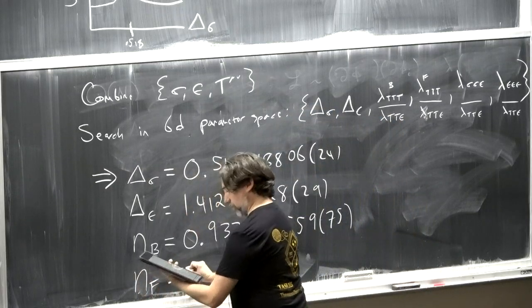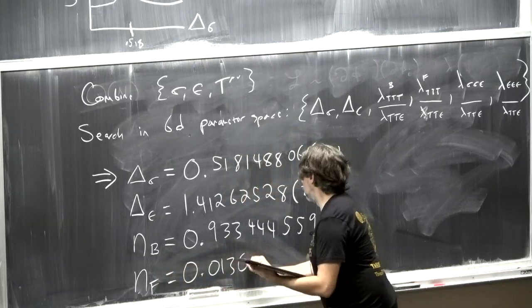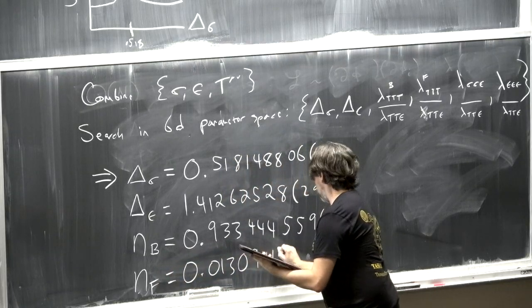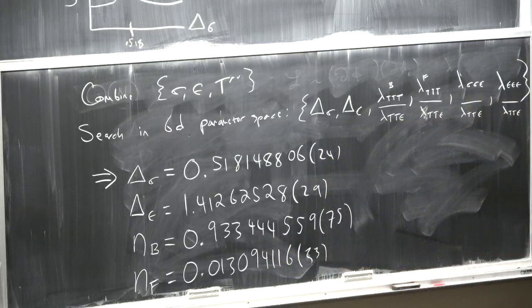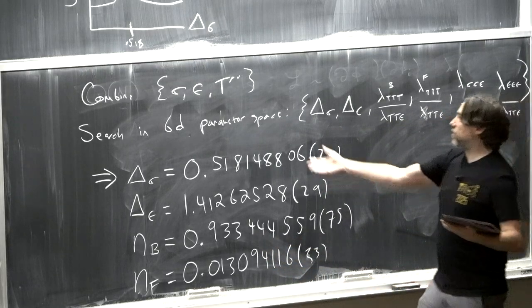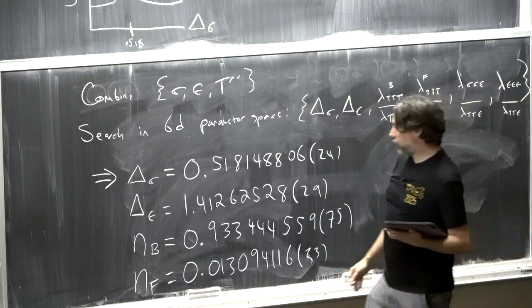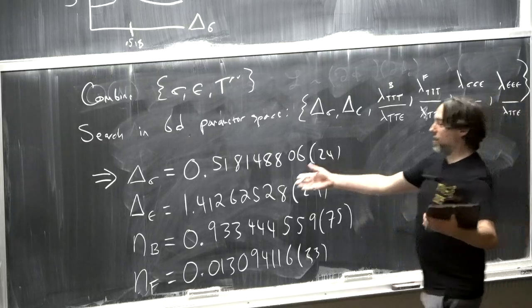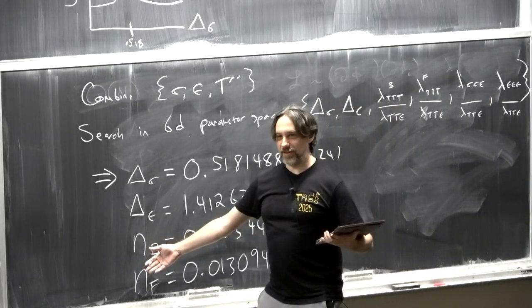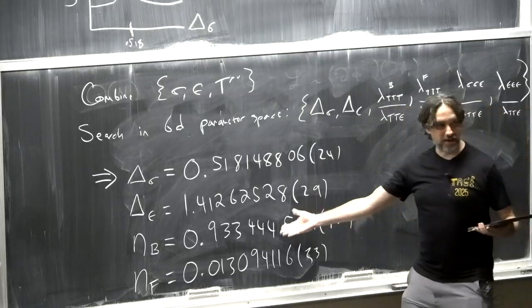So I'll just write those ones down. Now this is an extremely precise computational tool. We can answer questions like, how fermionic is the critical 3D Ising model? How much of this fermionic structure is there? This gives us a quantitative answer.